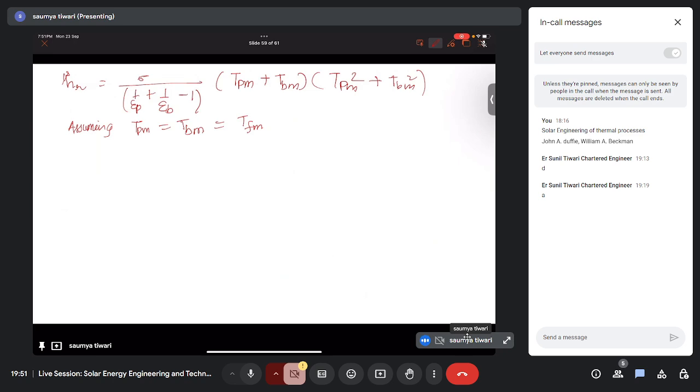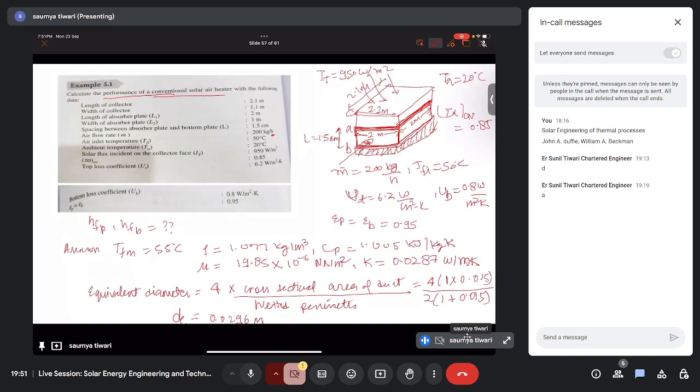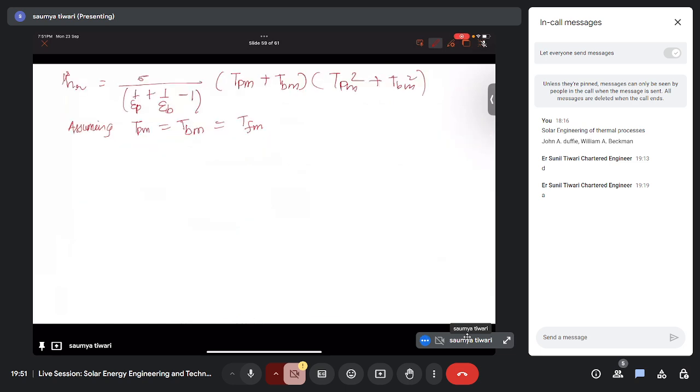This seems a logical assumption, because if there is not much difference between the temperature of the absorber plate and back plate, we can assume these temperatures are equal to the mean temperature of the air flowing between the plates. If we put this assumption into the equation, the HR equation will be sigma upon 1 by epsilon p plus 1 by epsilon b minus 1, times TFM plus TFM, which is 2 TFM, times 2 TFM square.